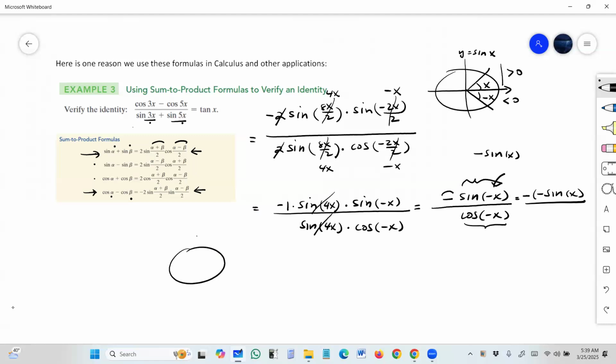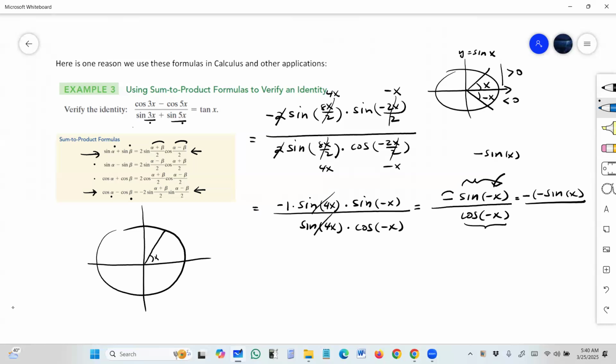Now let's take a look at what the cosine is. The cosine is the x-axis. So here is an angle x, and minus x would be right here. I'll make it bigger because I don't think you can see this. Let's say that this is my angle x.